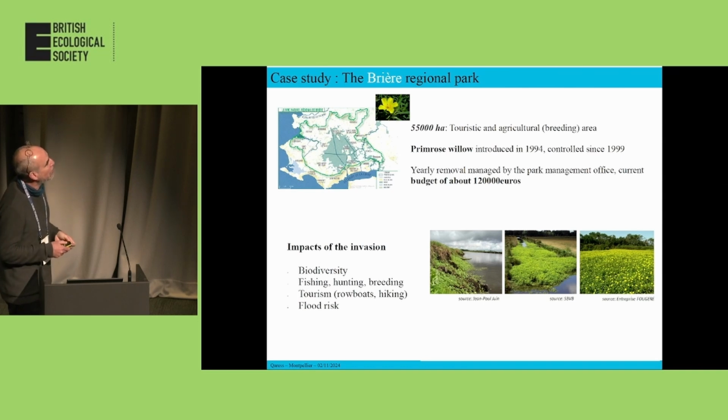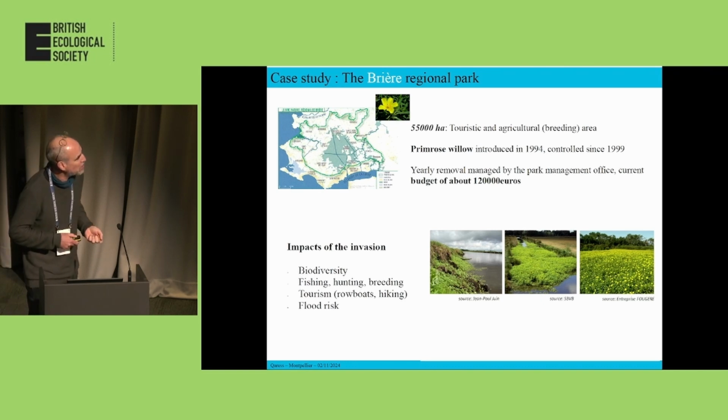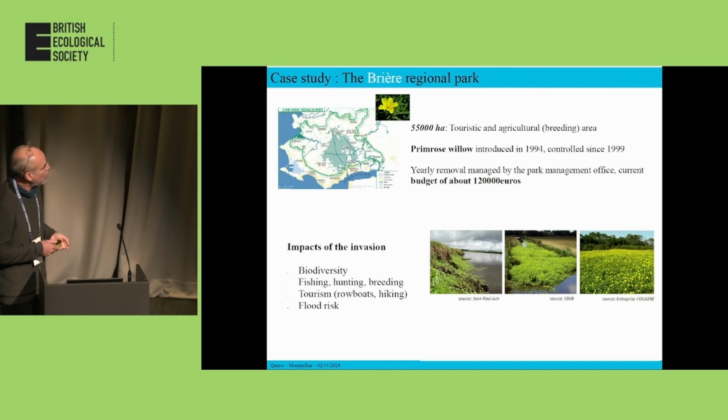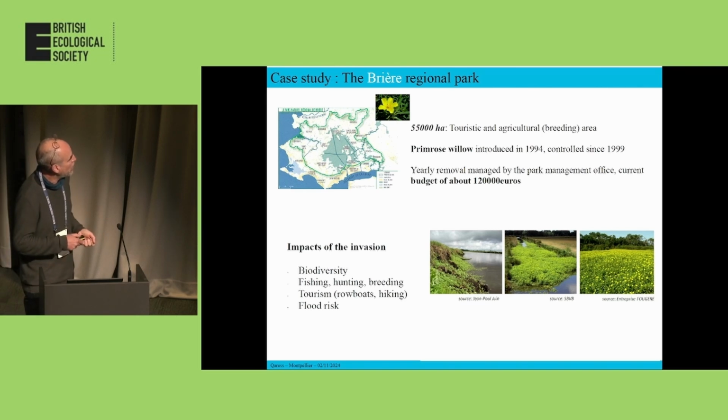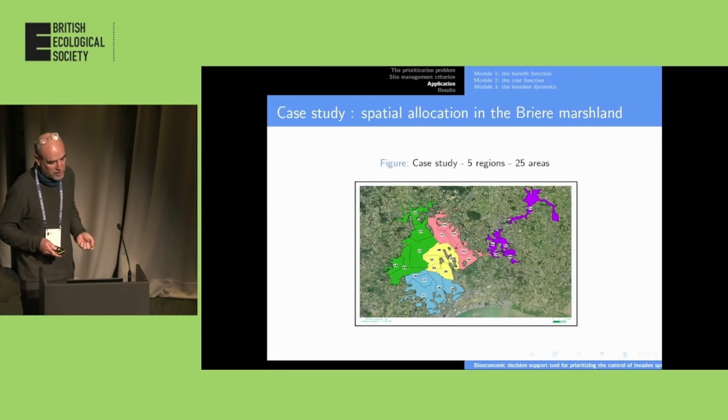They've got a budget. Basically, they spend 120,000 euros every year to control this invasive species, which has lots of economic impact, but also biodiversity impacts. Those biodiversity impacts are very difficult to measure. And so I will mainly focus on these.